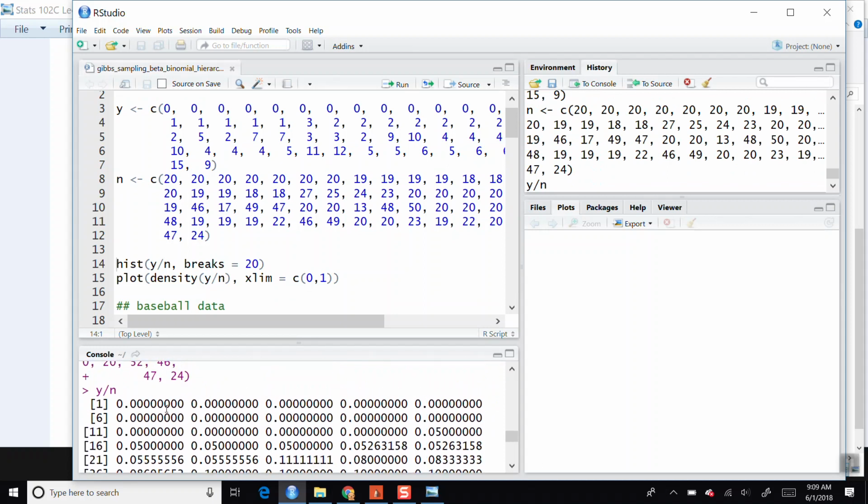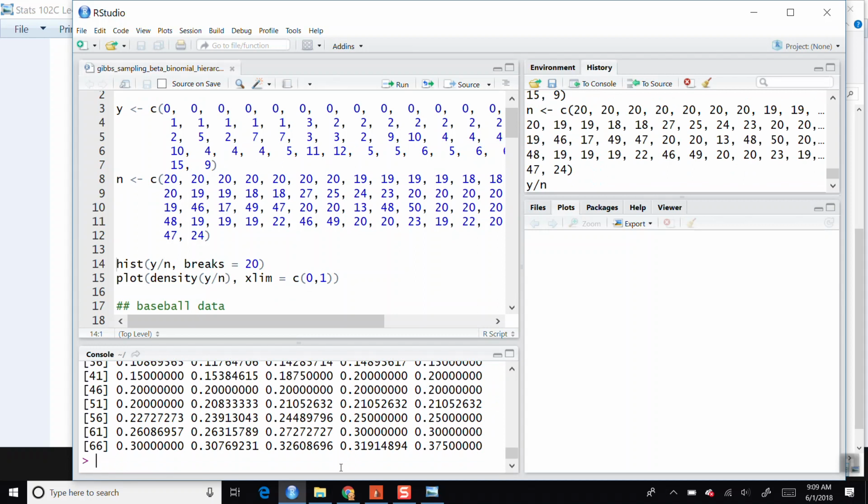So in some experiments, 0% of the rats developed tumors, and in some of the other experiments, 37% of the rats developed tumors. And probably the true value is somewhere in between. We can create a histogram. I already have the line here.